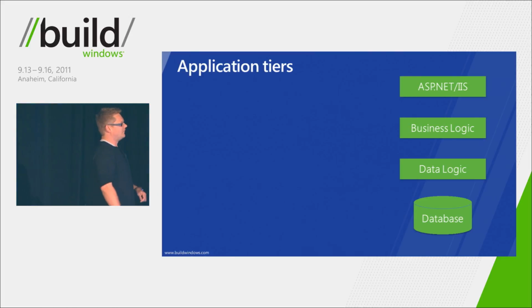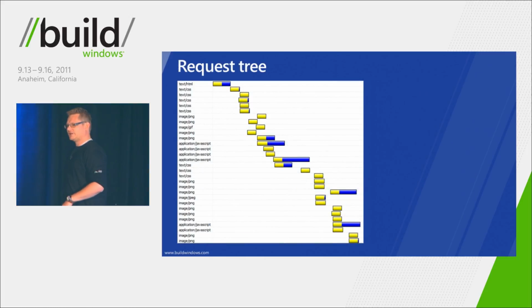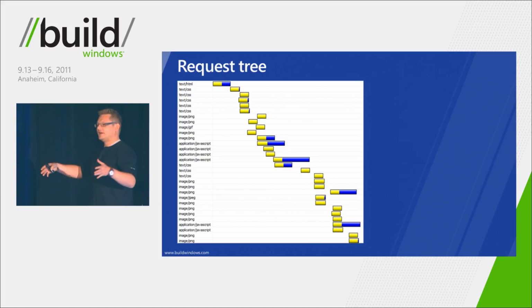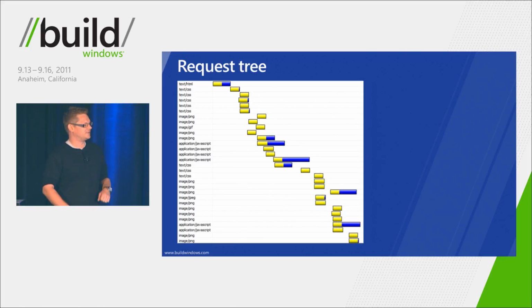So why do we focus on only the top box? Well, if we look at a website, this is what any given website might look like. This is the request tree. Basically what I did was I loaded a web page, and I had the web developer tools in IE record the requests coming in. The top box up there is the page itself.